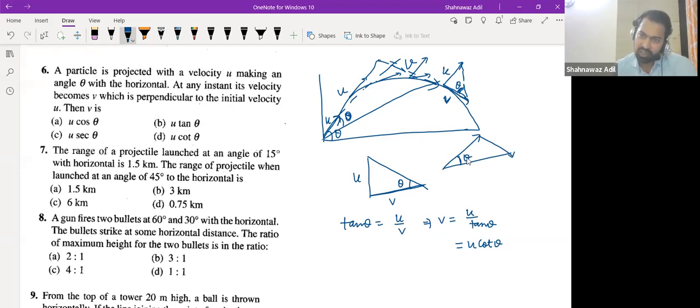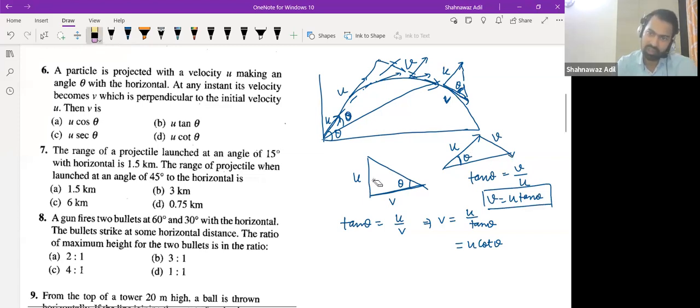So this is theta, this is U, this is V. Then tan theta would be the perpendicular by this side. So V would be U tan theta. So this is the correct diagram, and not this one.